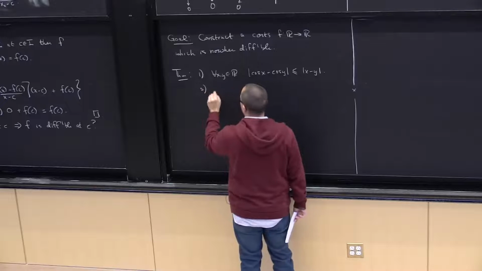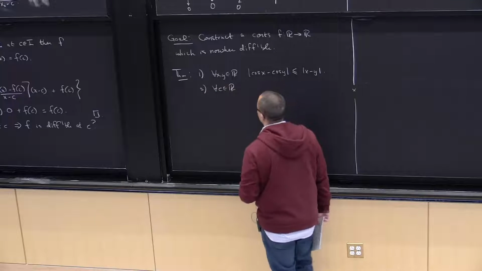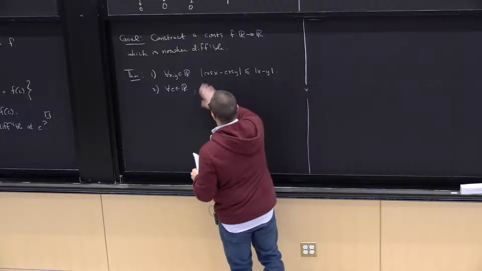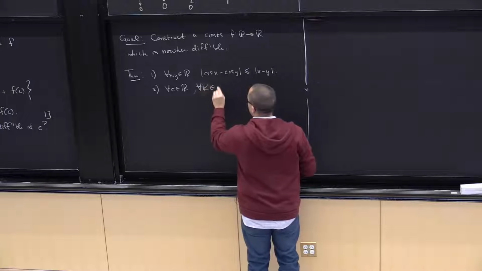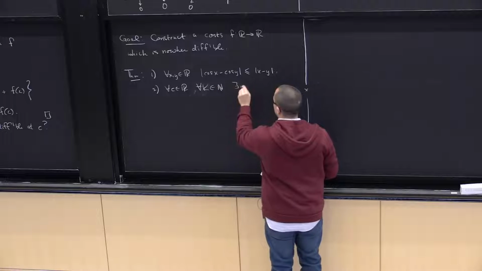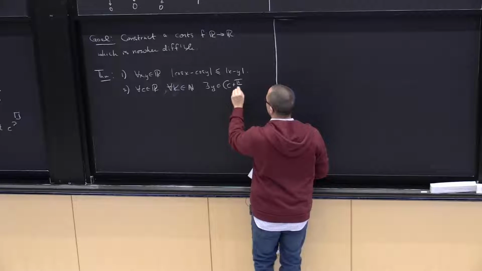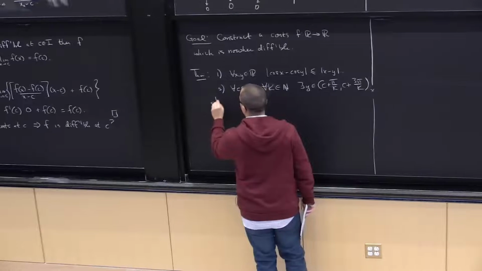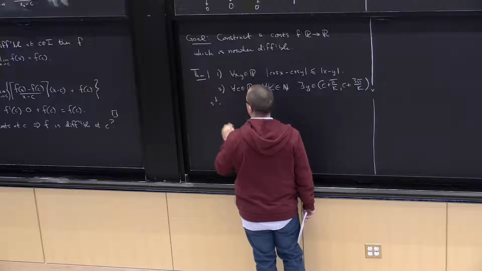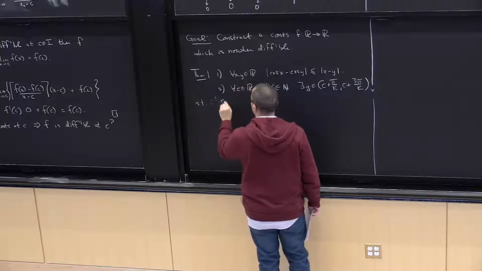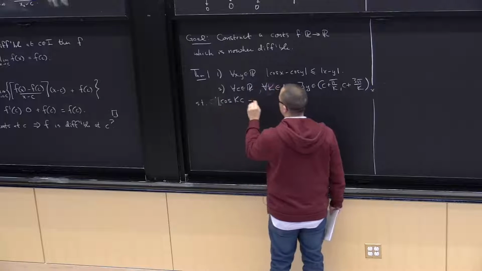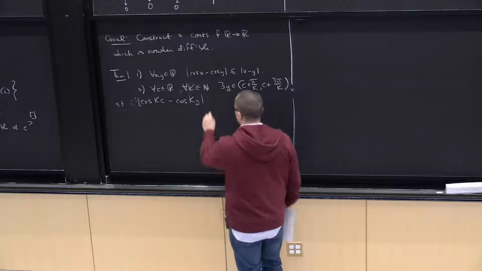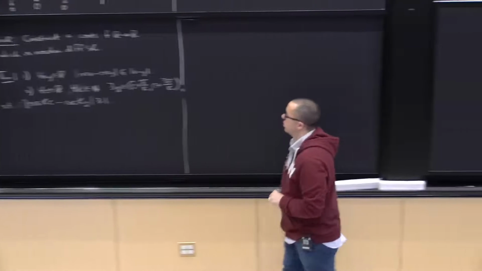And the second is that for every real number c, and for all k a natural number, there exists a y in the interval from c plus pi over k to c plus 3 pi over k, and let me label this as theorem 1, such that the absolute value of cosine of kc minus cosine of ky is greater than or equal to 1.